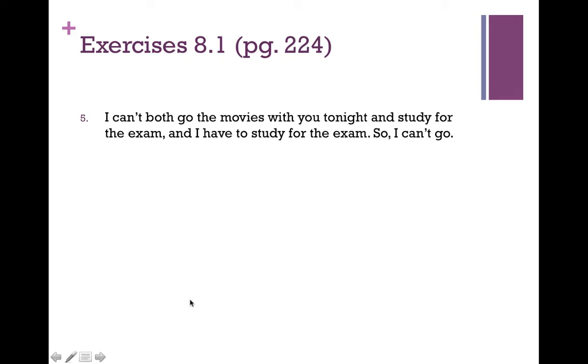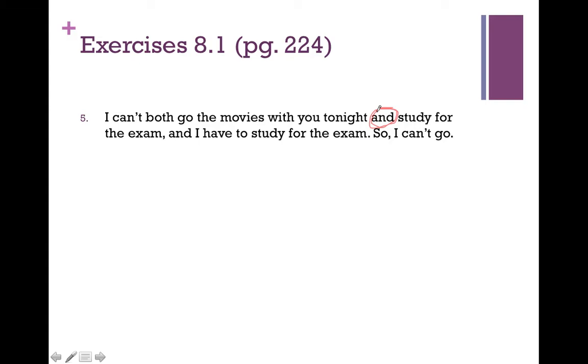And I want to point out something here: notice that in the first premise, I can't both go to the movies with you and study, we have the word and appear here. We don't have, which is our usual case, the word or. So even though this is in the section on disjunction, we have a different kind of proposition.